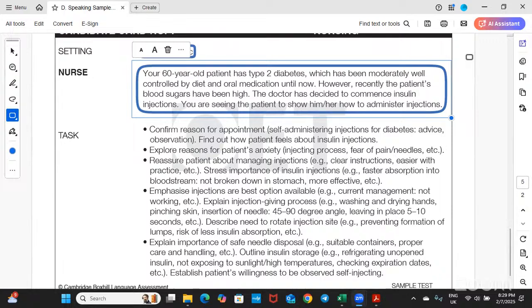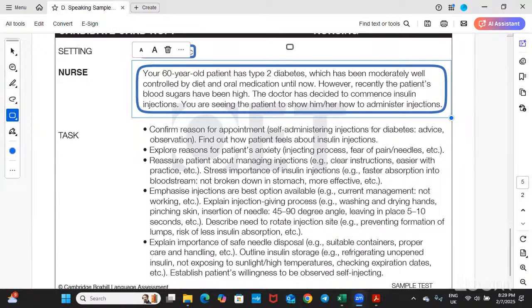So either the patient going to the hospital or to the nurse every day, or the nurse going to the patient every day, both is a little bit strenuous, difficult, complicated. So administering insulin injections by the nurse on a daily basis is a little bit difficult.